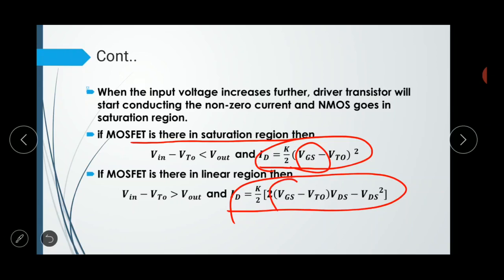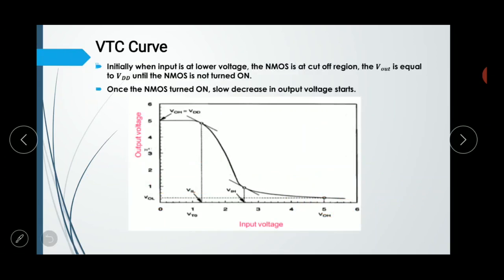In place of Vin, we write VGS, and in place of Vout, we write VDS.